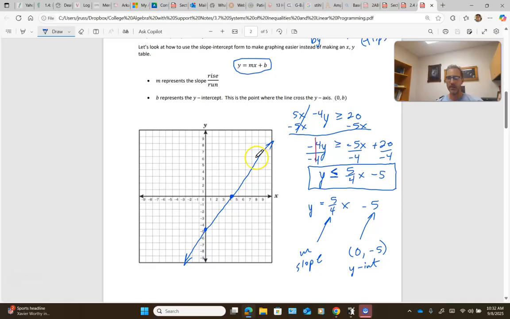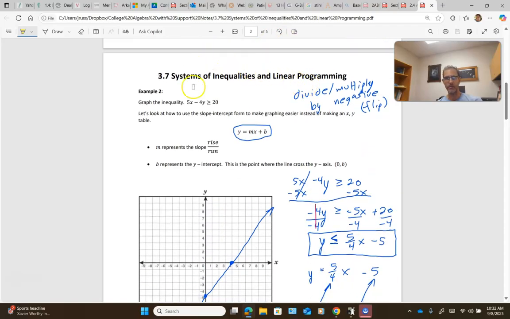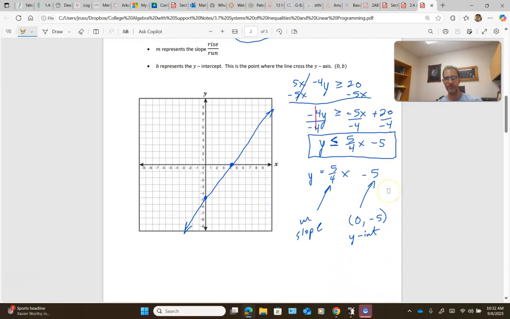Now, where do I shade? Well, you could pick a test point again if you want, but look at our equation here. And by the way, guys, you have to reference your inequality in slope-intercept form. Don't look back at the original. We're not using this one anymore.